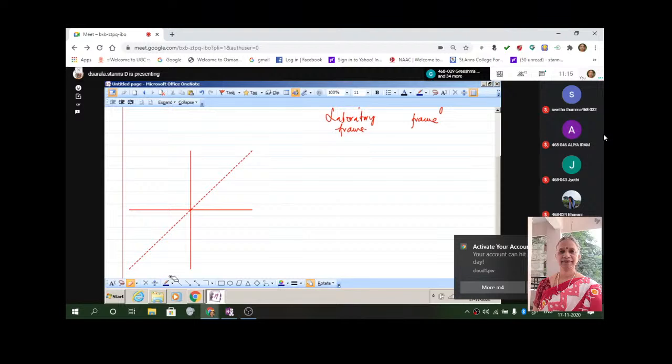Maybe I'll draw it, that would be better. This is my x-axis, this is my y-axis, this is my z-axis. Now call this x dash, this y dash, this z dash, and this frame you call the S prime frame.